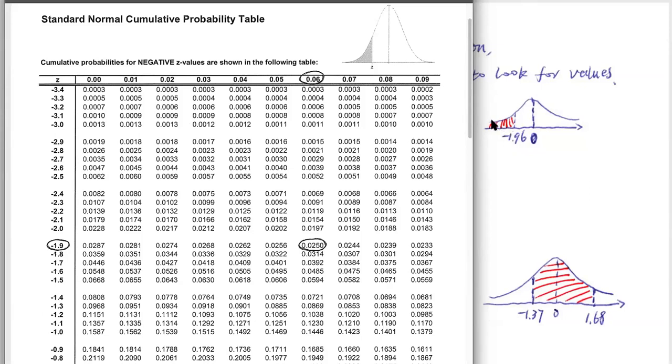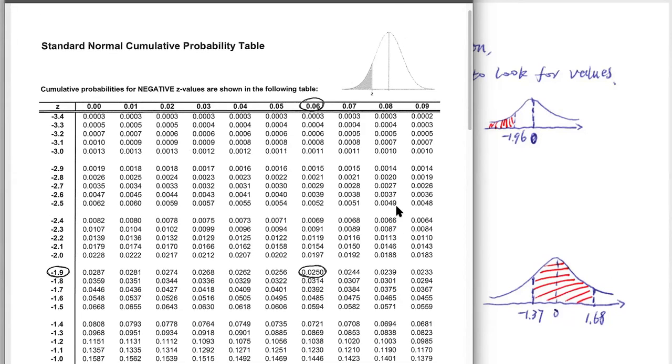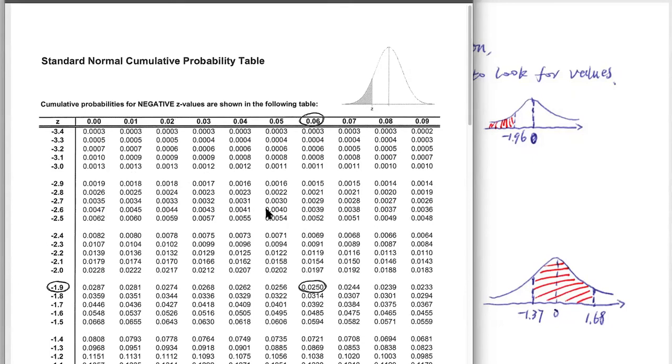How do we find this highlighted area? We are going to check this table. We have negative 1.96 on the curve here. We mentioned previously the center is the probability.